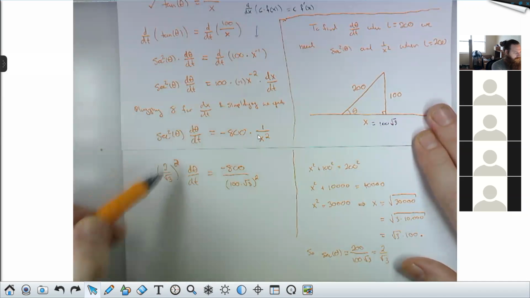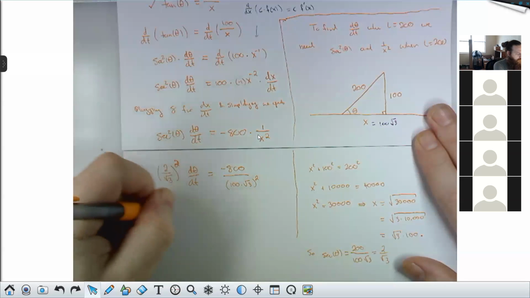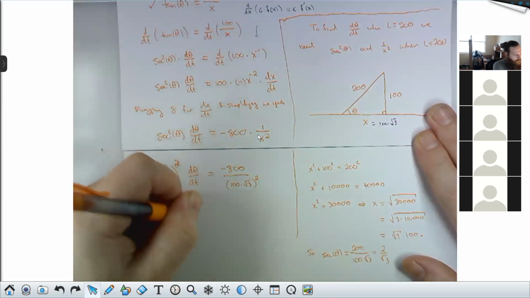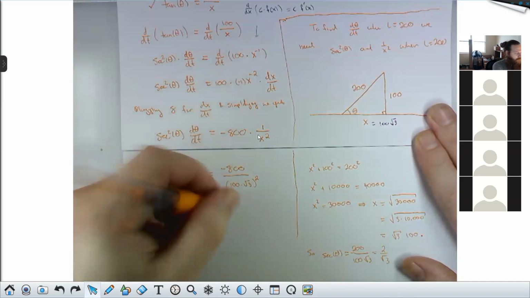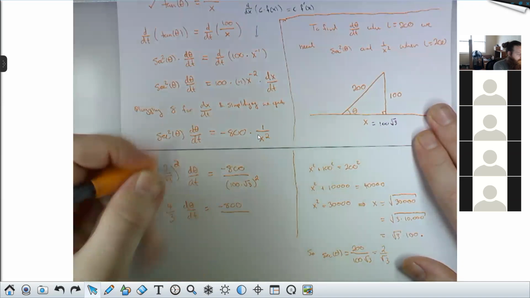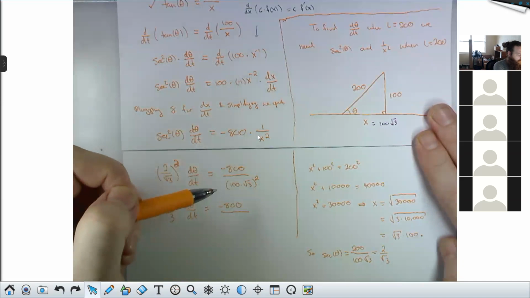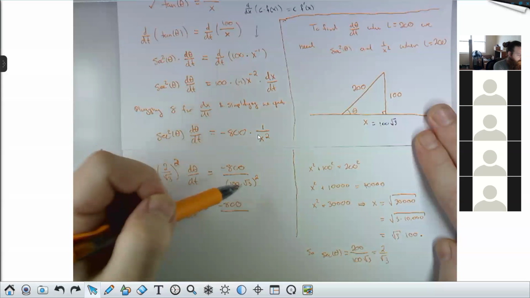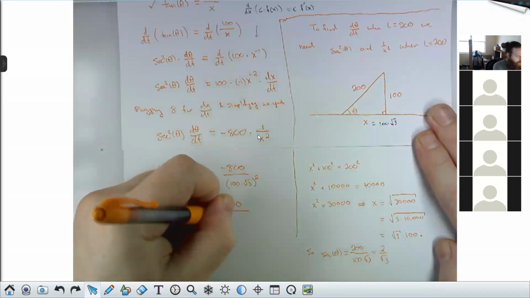As we all learned on exam 1, the square of this is 4/3. So we have 4/3 d theta dt equals negative 800 over, what is this? 100 times the square root of 3 squared. If you square that, you're going to get 10,000 times 3, which is 30,000.